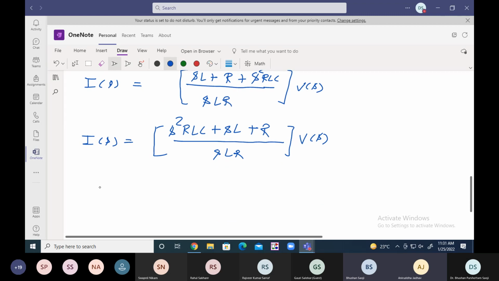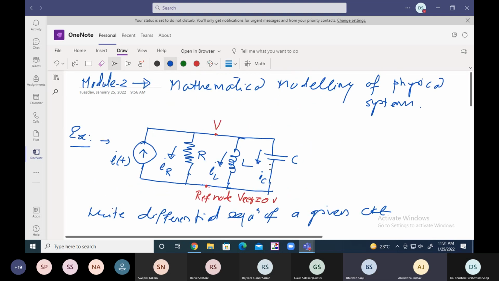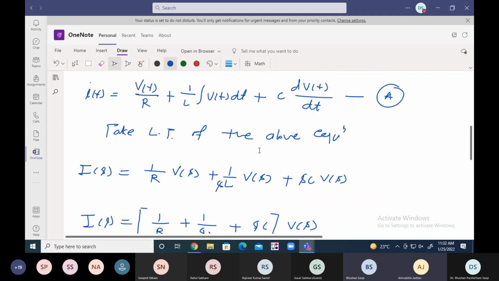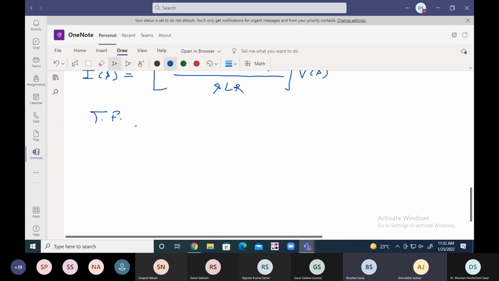Now suppose you want to find the transfer function. Here in the circuit, current is the input and the voltage across the components is the output. So we take the output, that is V of s divided by I of s.